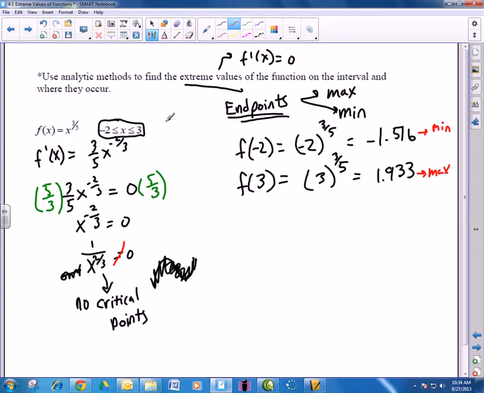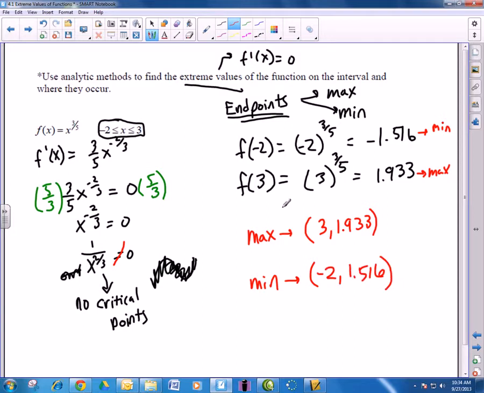Okay, these are absolute extreme max and min values. So then we're going to say our maximum occurs at the point 3, 1.933, and then our minimum occurs at the point -2, -1.516. That's where they occur.